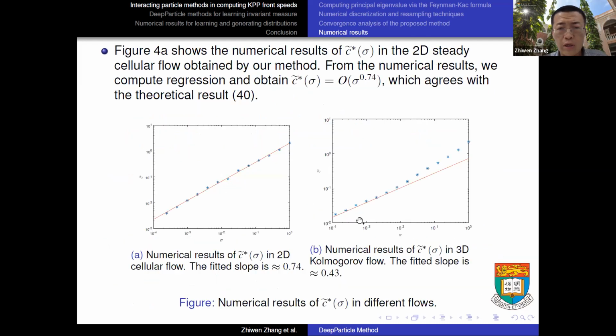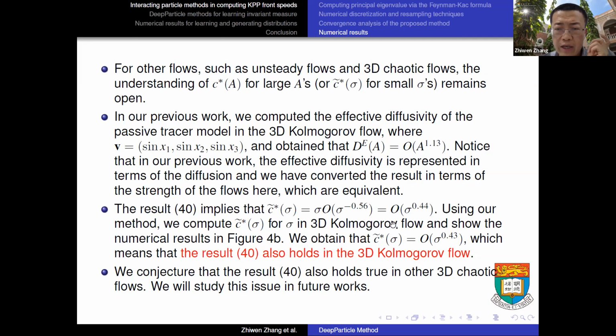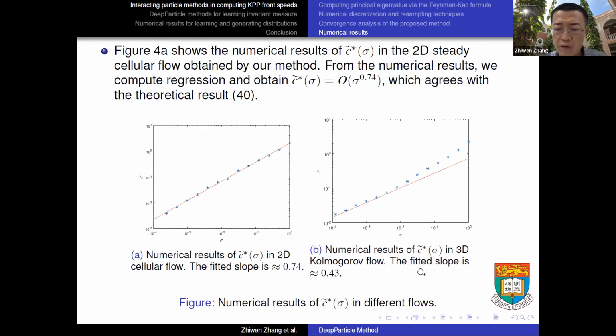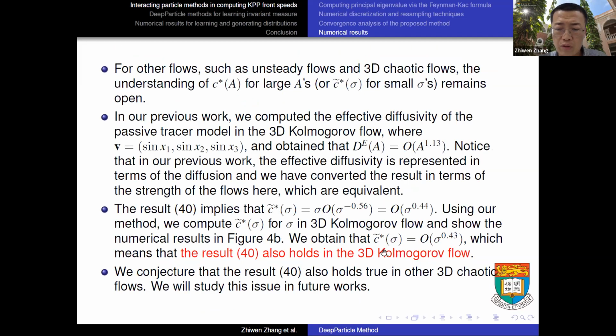And this is true. For the 3D case, I also compute the front speed and the effective diffusivity. When sigma is very small, we can numerically show that this relationship is also true for the ABC flow. However, we don't know how to prove it at this moment. This can be future work.